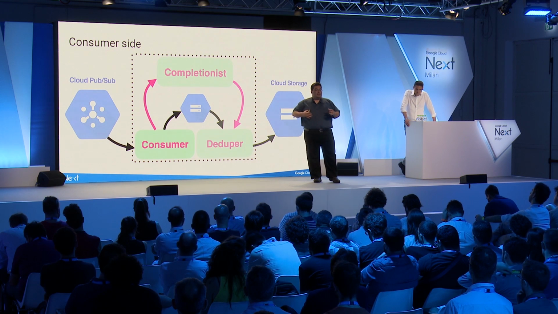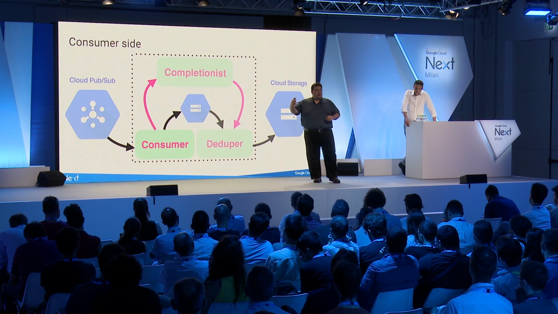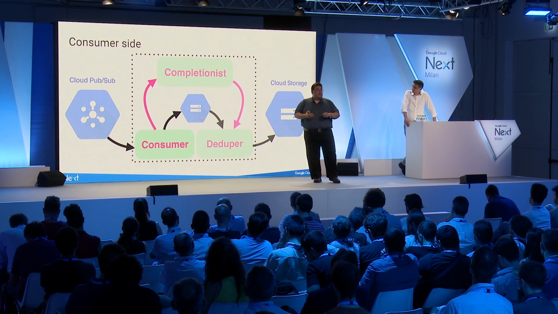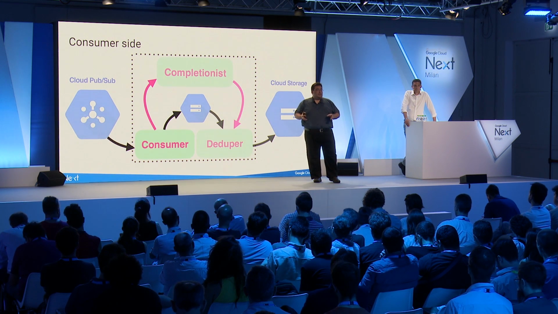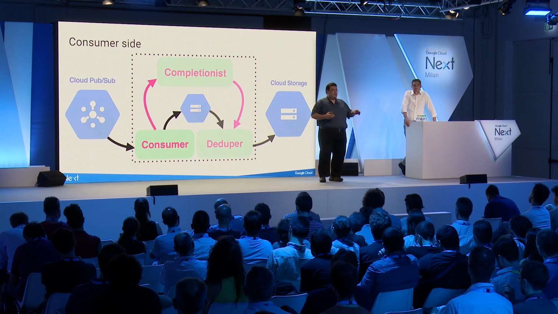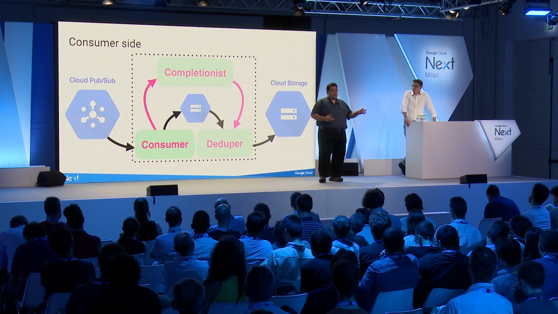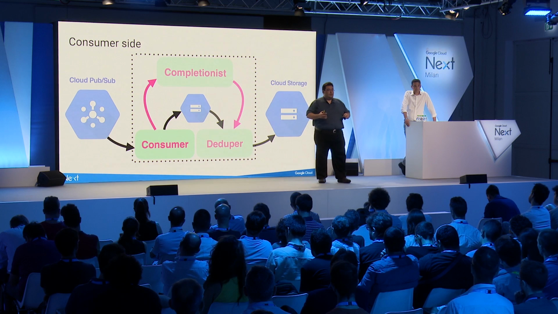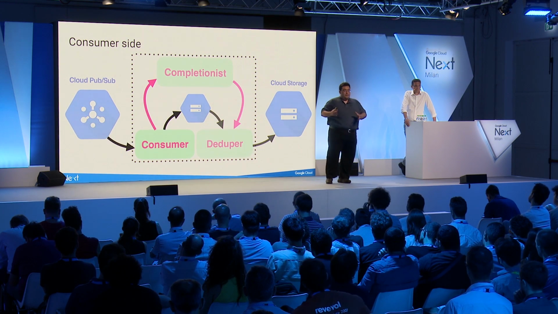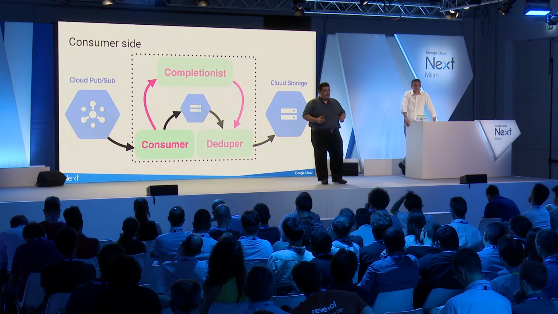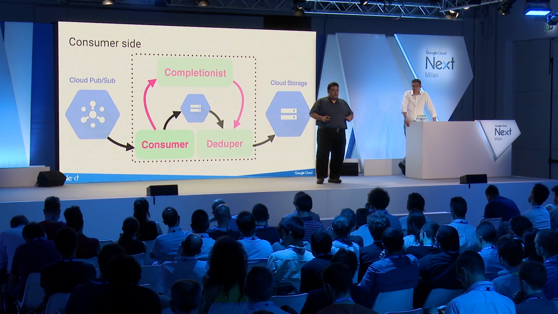If something happens, and for some reason the completionist doesn't respond, or we have some problem writing to Google Cloud Storage, we know because we didn't acknowledge, those events are still safely stored in PubSub. By doing this, we make sure we are safely moving the data from PubSub and making it available as files in this intermediate bucket in Google Cloud Storage.